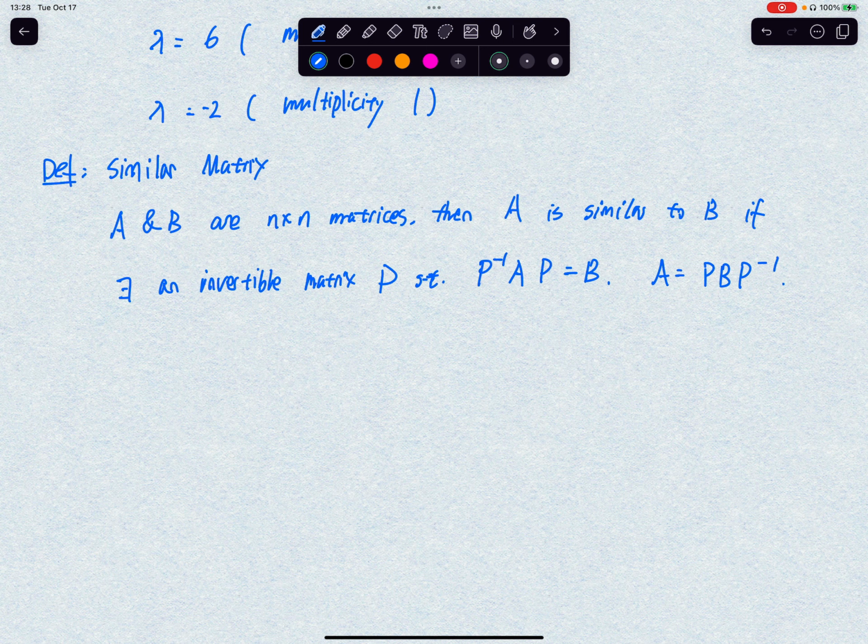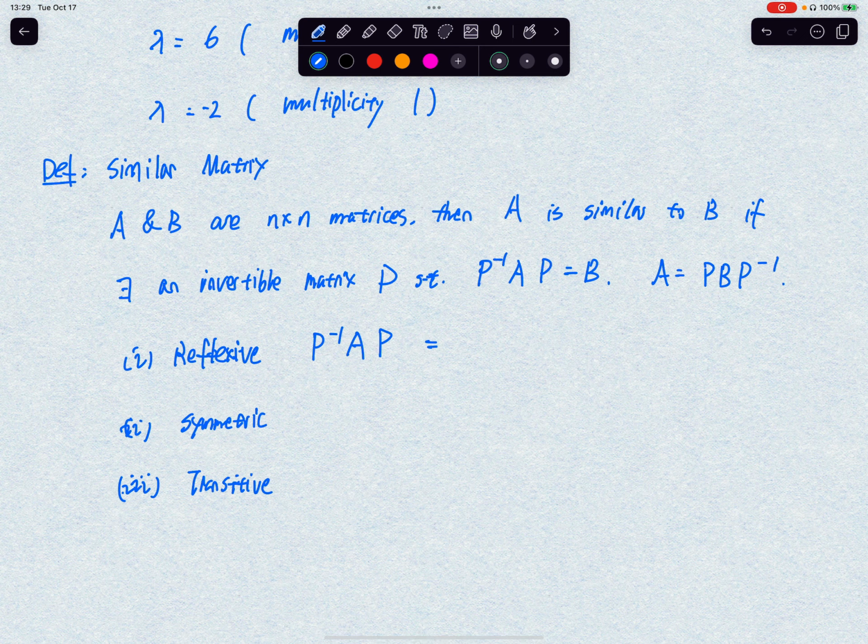Now, since this similarity is a binary relation and looks pretty much like an equivalence relation, let us prove that it is indeed an equivalence relation. In saying equivalence relation, we need to first check reflexivity, then symmetry, and lastly transitivity. For reflexive, we have P inverse A P equals P A P inverse.